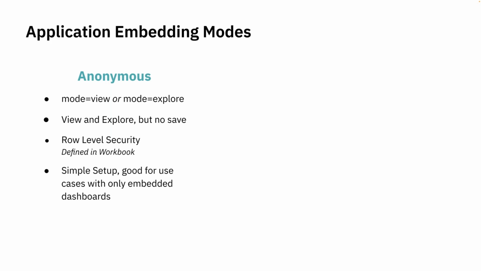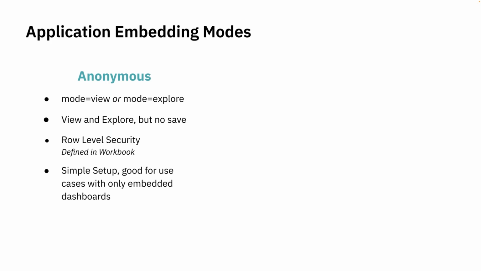But the main piece of feedback that we got that's missing from this anonymous embedding is, even though you can explore and drill and add calculations and do all that great stuff, you can't save it. So any changes you make are lost when you leave the embed. And that was a bit of a pain point for customers that wanted to let their customers create their own analytics, persist them, and come back later on and open them up.